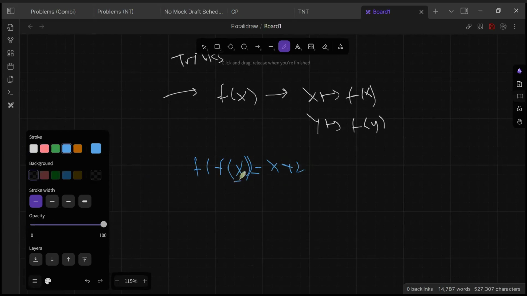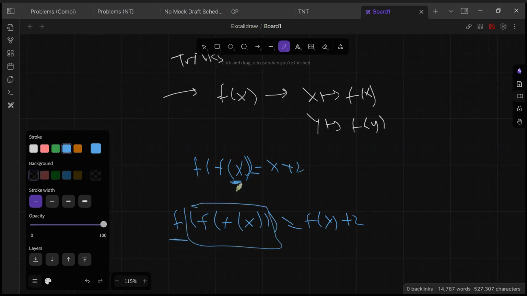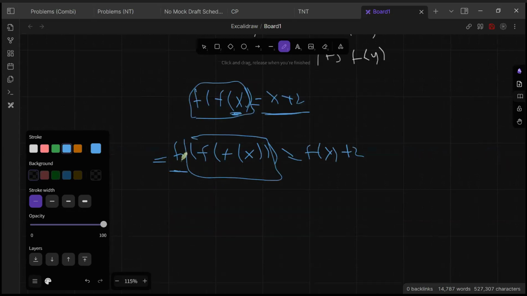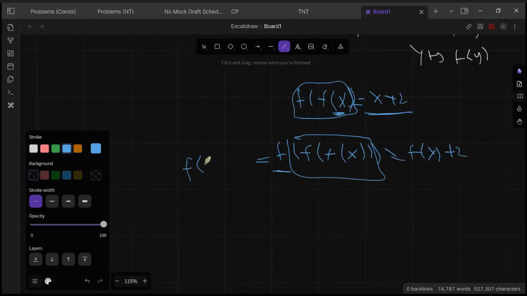Then if you substitute x as f of x, what you will get is f of f of x, equal to f of x plus 2. But then also notice that this is f of f of x, but I know that f of x is x plus 2. So in another way, this is equal to f of x plus 2 plus 2. So what I've gotten is f of x plus 2 is f of x plus 2, right?